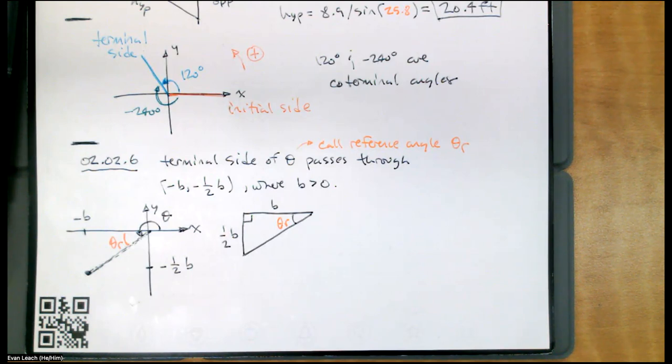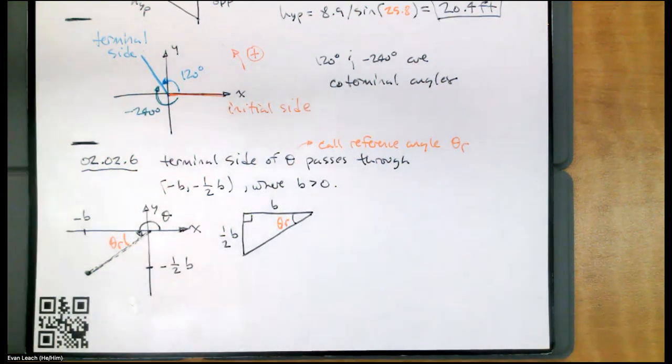All right. So the problem asks for the 6 trig functions of theta, and we're going to get there through the reference angle. To get the 6 trig functions, we're going to need to know what the hypotenuse is. We can figure out tangent and cotangent without the hypotenuse.